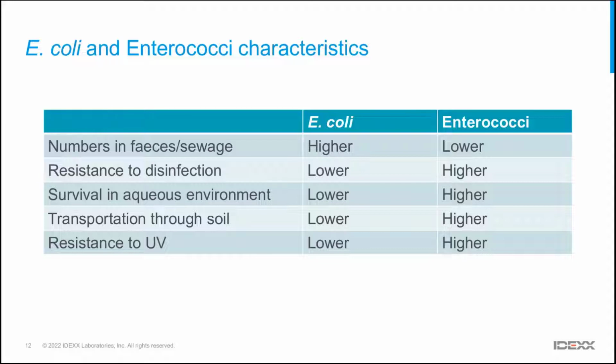However, their resistance to disinfection is lower. They survive for shorter periods in the aqueous environment. They transport through soil into groundwater more slowly or not at all, and they have a lower resistance to UV light.